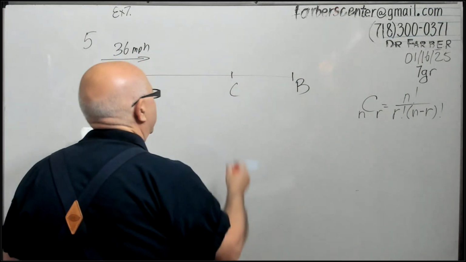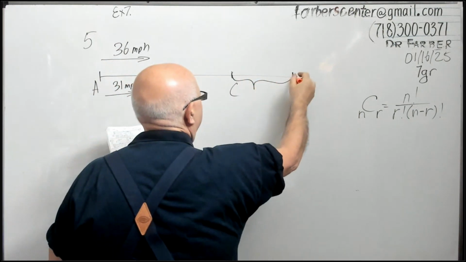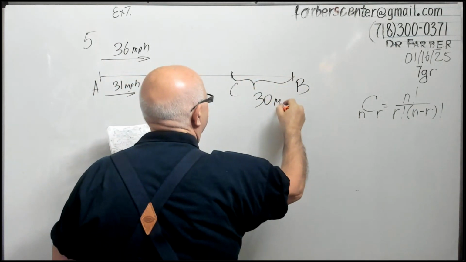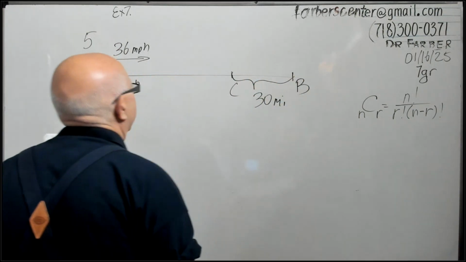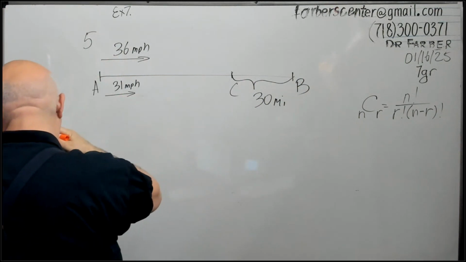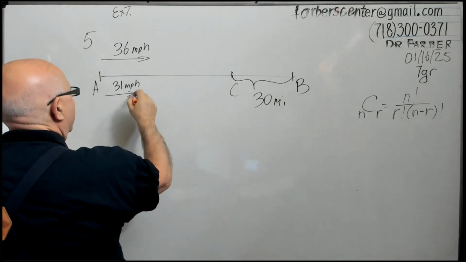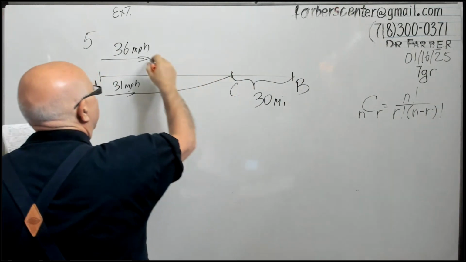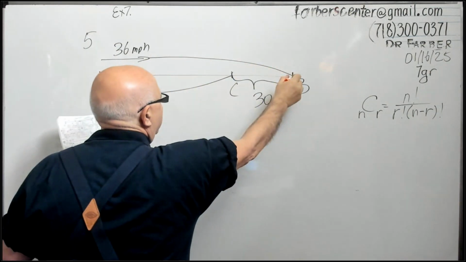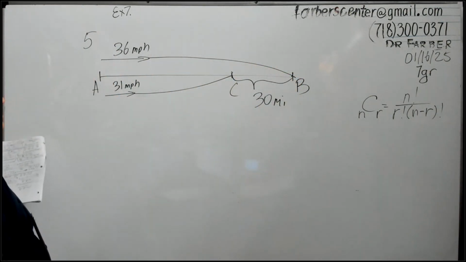Not catch up, but this point is 30 miles behind. They said. And for this point C, this slower car goes to this point. Meanwhile, this car goes in this direction, right? To this point.